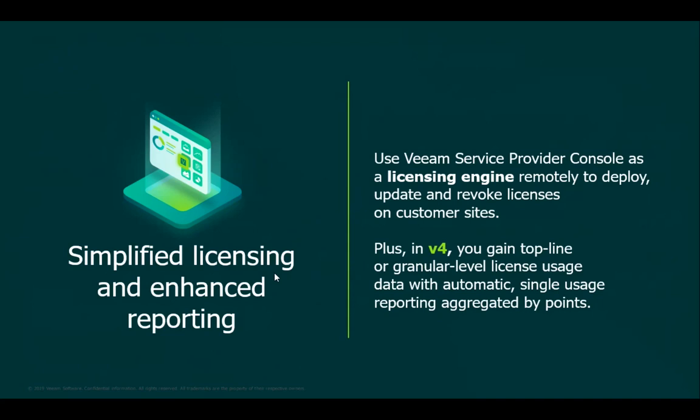There is one centralized place where you have installed one license key. When you configure your service provider console, there is one big license key which you receive from Veeam, which includes all the workload licenses.